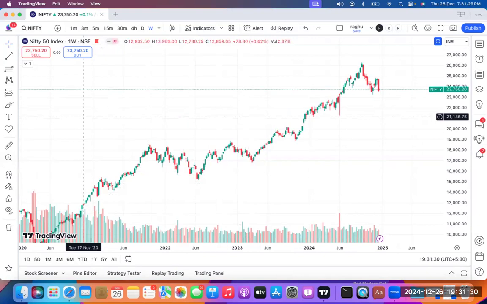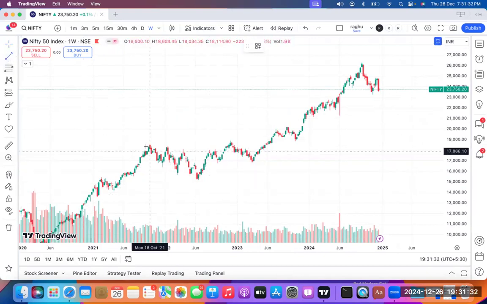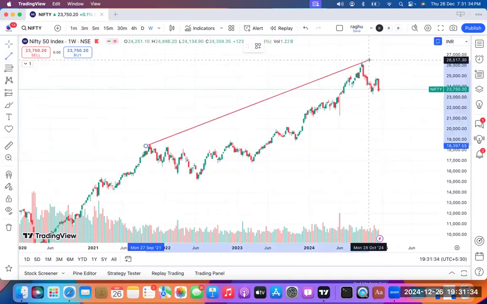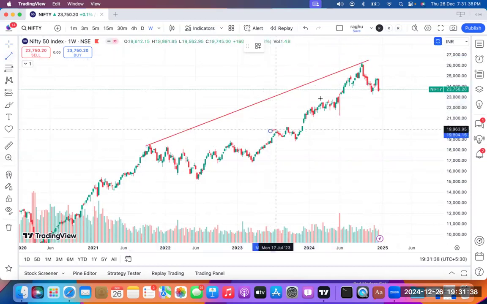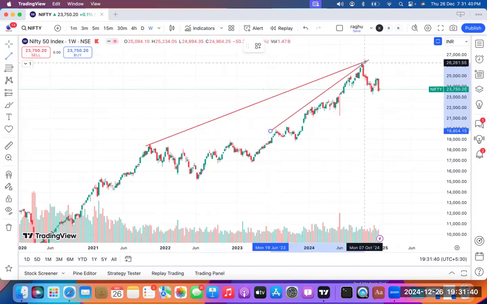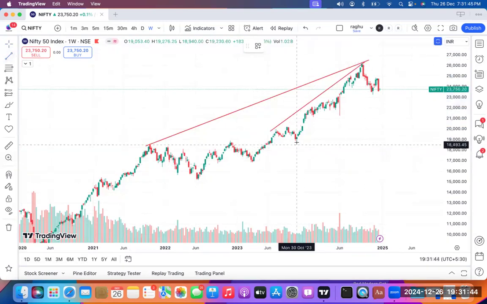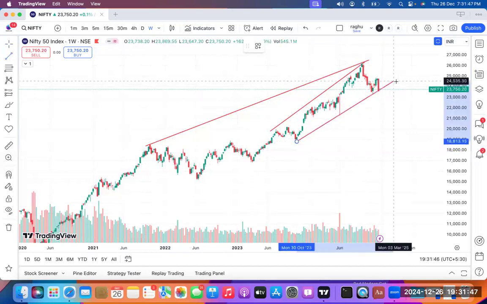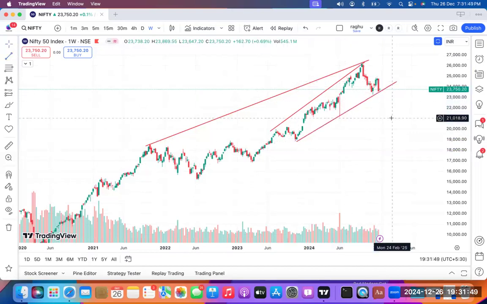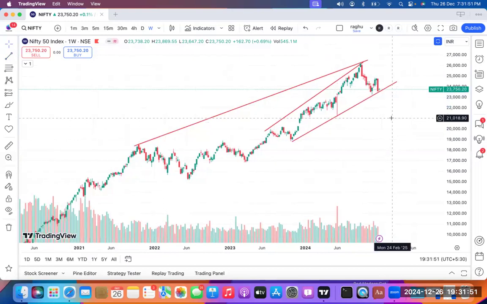For you, maybe this is the trend line, and for some other person, maybe this is the trend line, and for some other person, maybe this is the trend line. So it is very subjective, and different from different perspectives.